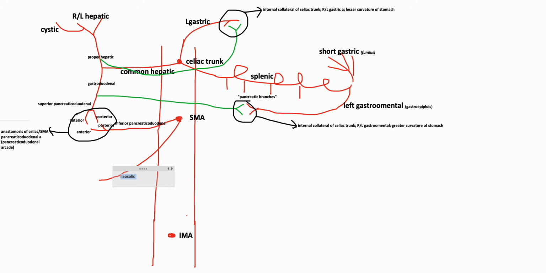Ileocolic. And the ileocolic artery gives an important branch to the appendix that we call the appendicular artery.